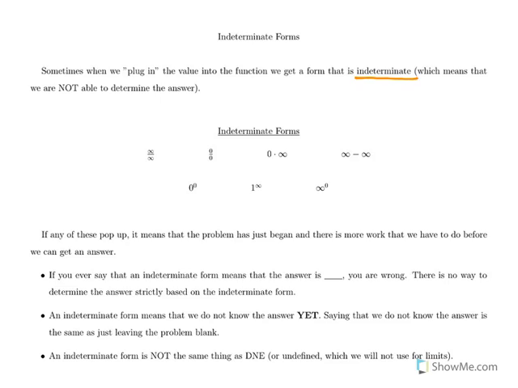I think the easiest one to look at is 0 times infinity. There are contradicting rules going on here. One rule that we have is that anything times 0 is 0. So if that is true, then 0 times infinity should be 0.